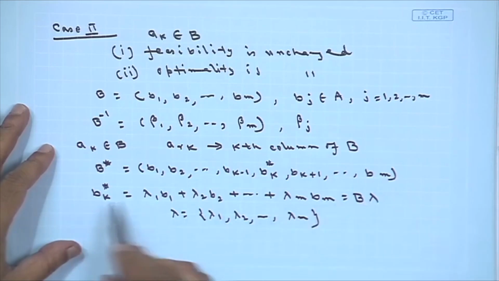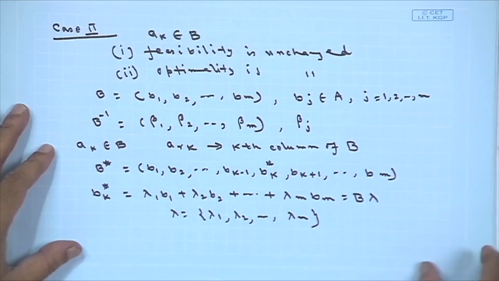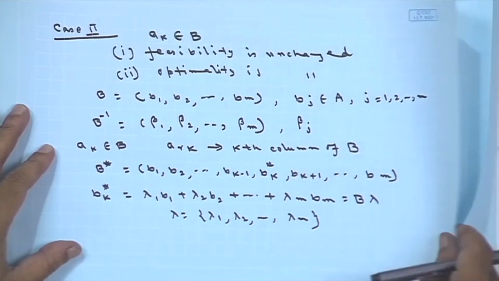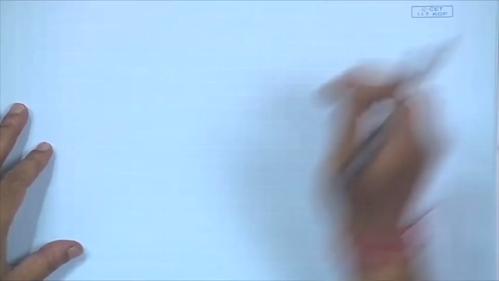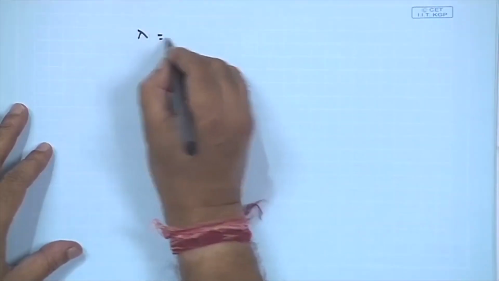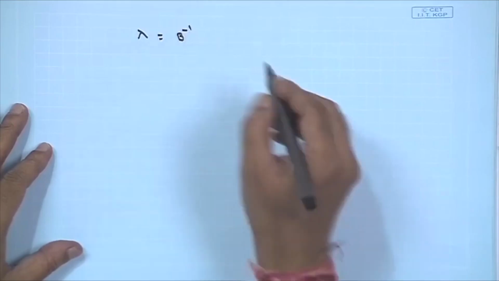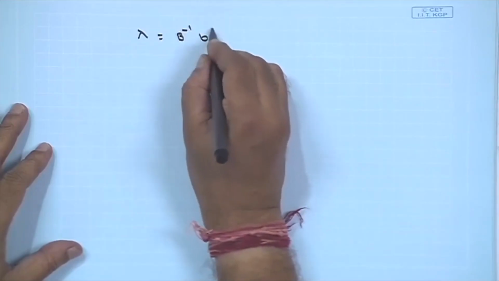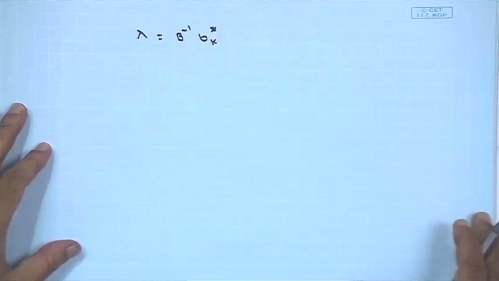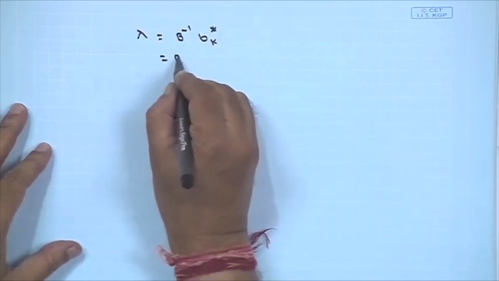So, since B k star equals B into lambda, I can write down the value of lambda as, from the earlier equation, B inverse into B k star.